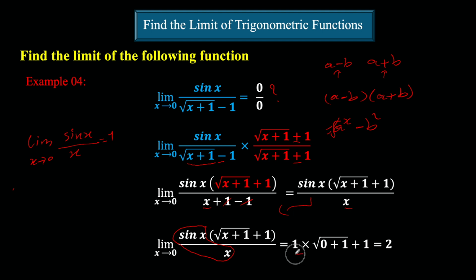So that's why we get 1 here. Then for the square root, we substitute this x by 0. So we take the square root of 0 plus 1, plus 1. This is equal to 2, okay? So the limit as x approaches 0 of sine x over the square root of x plus 1 minus 1 is finally equal to 2, okay?